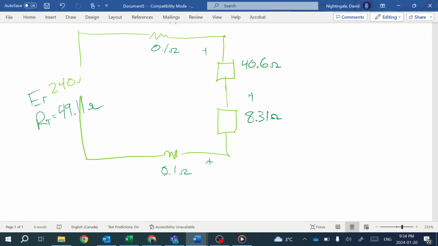Now using Ohm's law again in a classic formation, I equals E over R, we can figure out our line current for this particular circuit, which is going to be 4.88 amps.